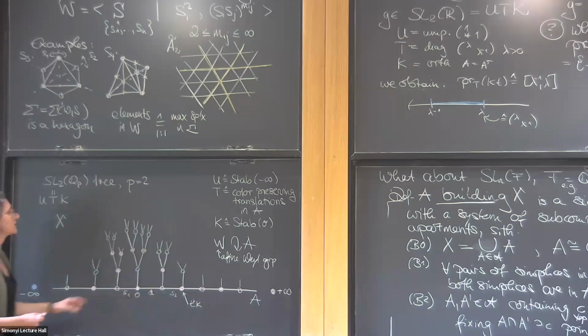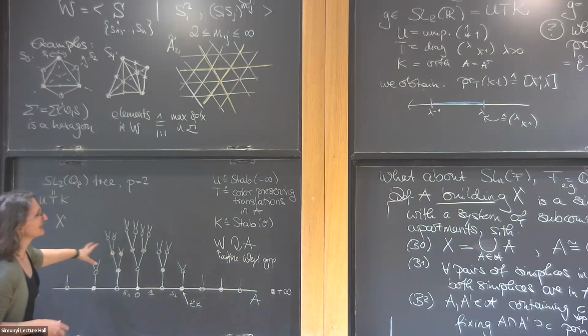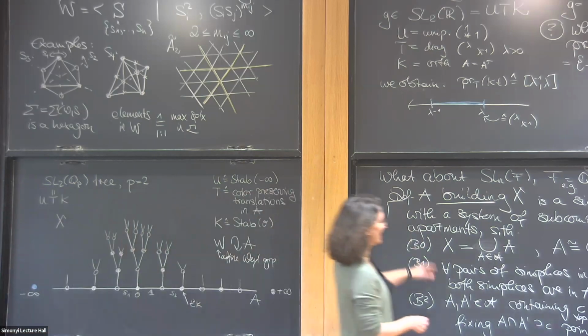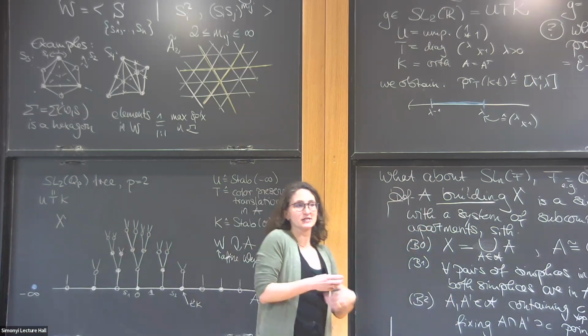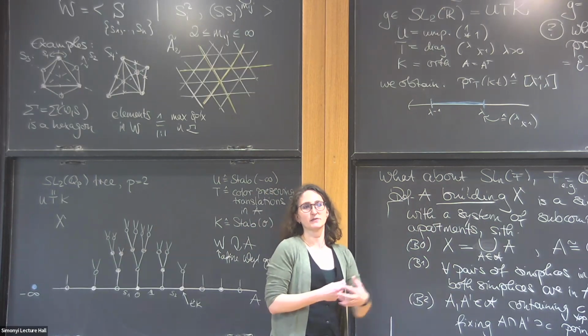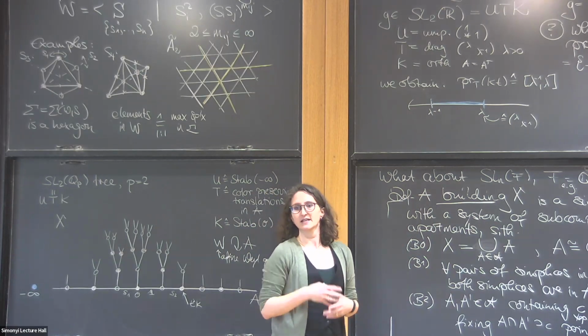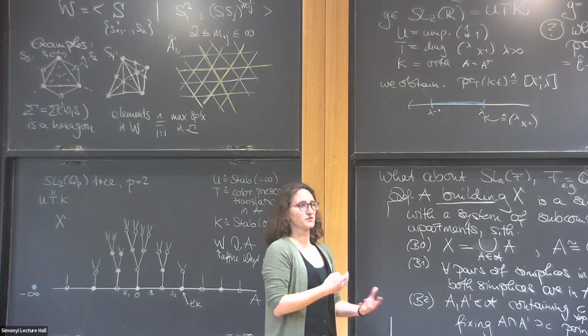So all these three groups are now something geometric, which is encoded by this tree. And then not only trees, buildings have many nice features to study them, which will then give us powerful tools to say things about the groups attached to them.